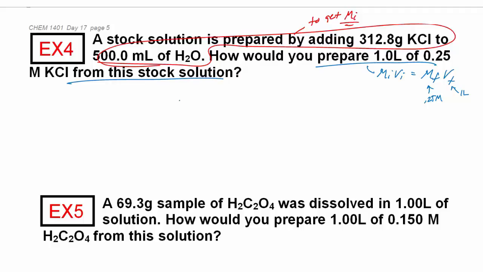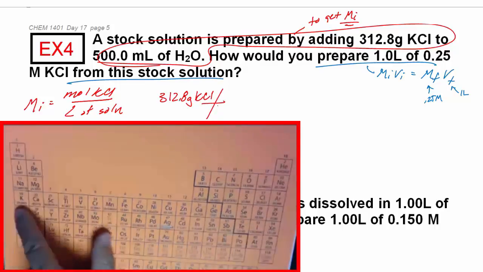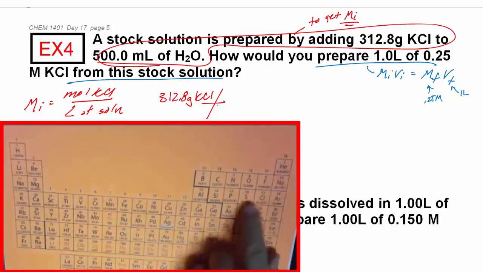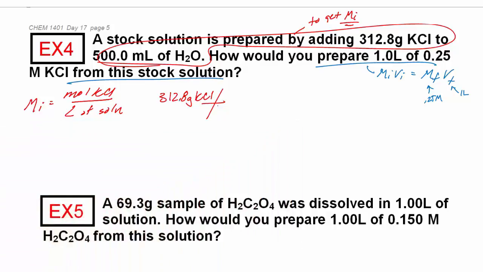So do that first. Mi is going to be the moles of potassium chloride divided by the liters of solution. We know that we have 312.8 grams of potassium chloride. What's the molar mass of potassium chloride? 39.1 plus chlorine is 35.45, about 74.55.